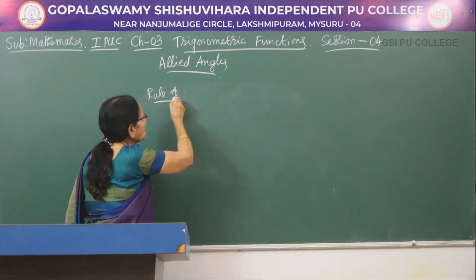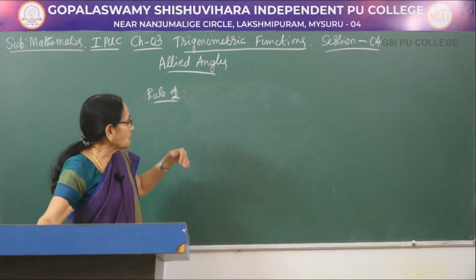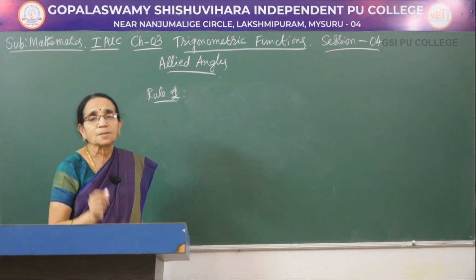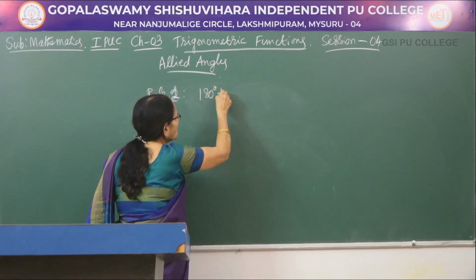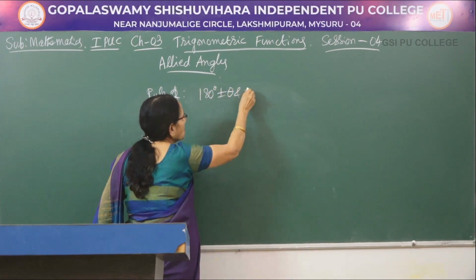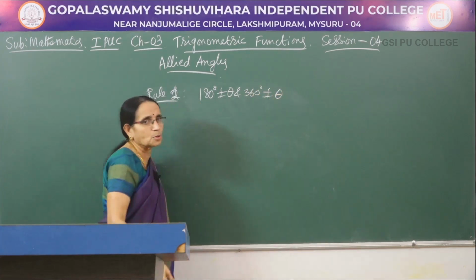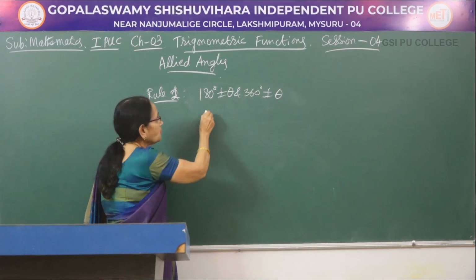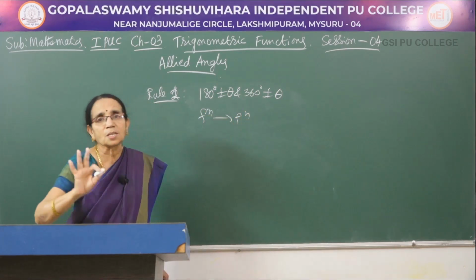Now let me go to the second rule. First I will mention both the rules, then I will come to how to apply them. The second rule says that if the angle is expressed as 180 plus or minus theta and 360 plus or minus theta, the other possibility, then the function remains the same. That is, there is no change in the function.